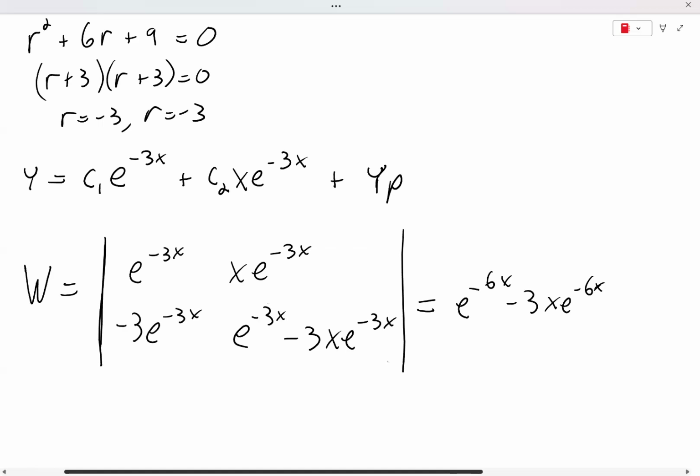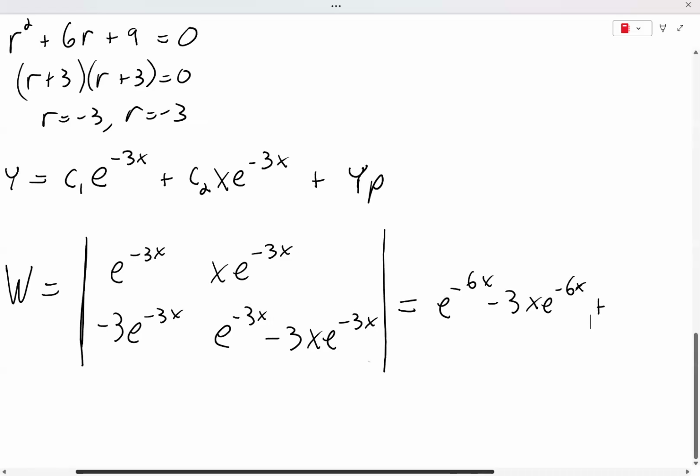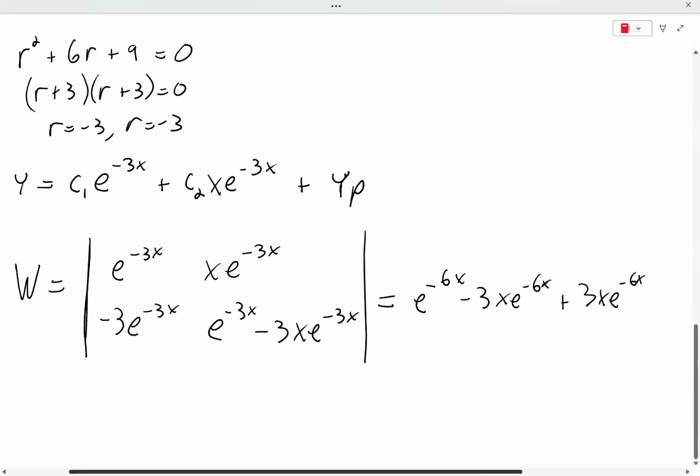And then now minus, but let's turn it into a plus because I already have a minus here. That would be 3x e to the negative 6x, right? And it's nice here, these actually cancel now, right? So this is equal to e to the negative 6x, because that's the W then.